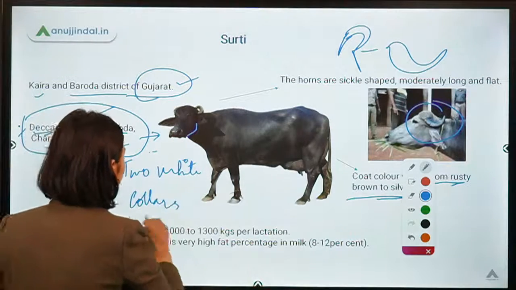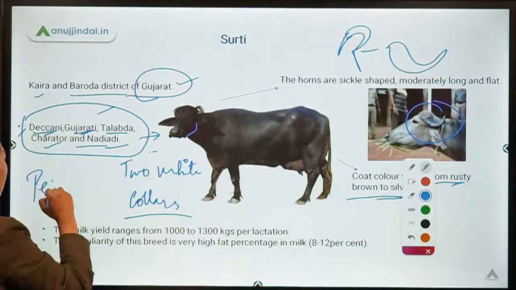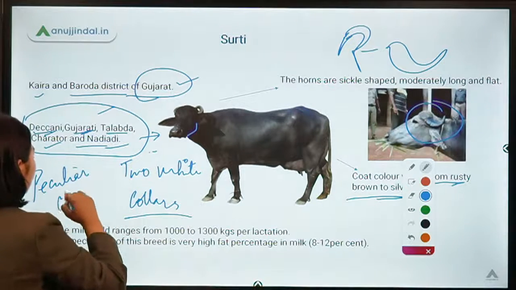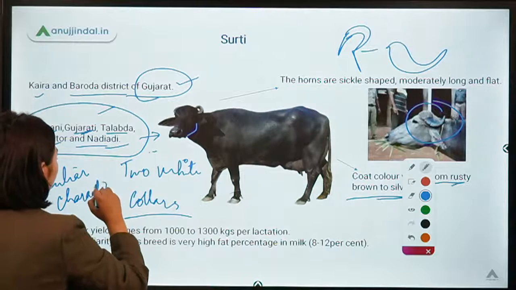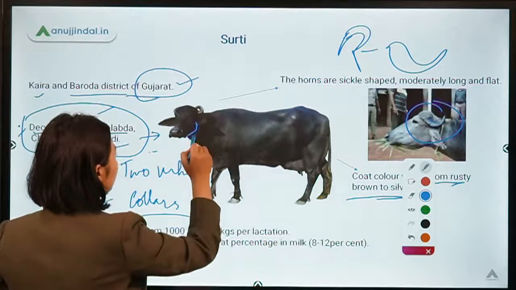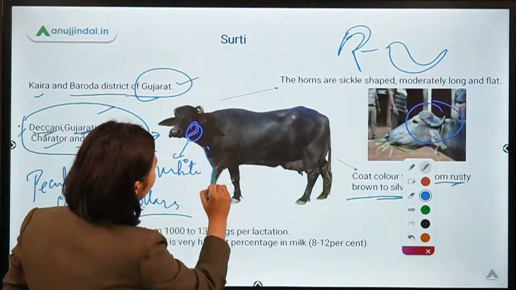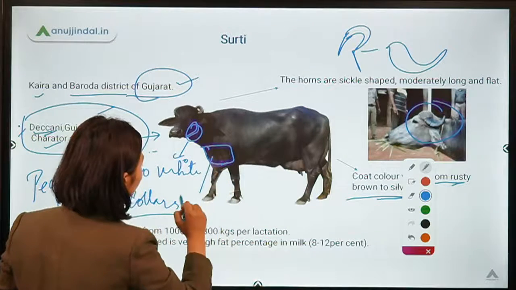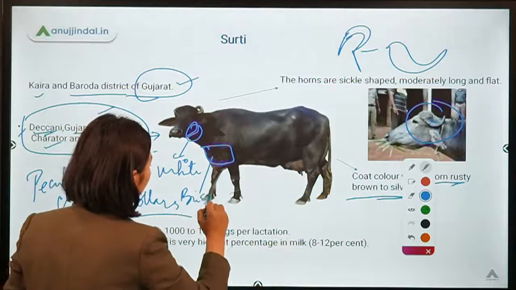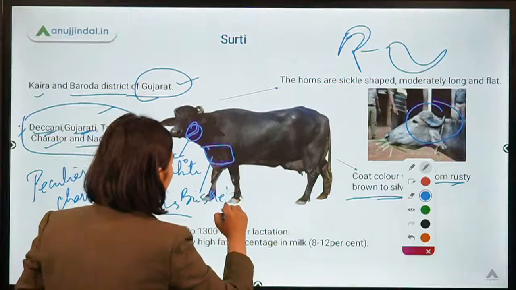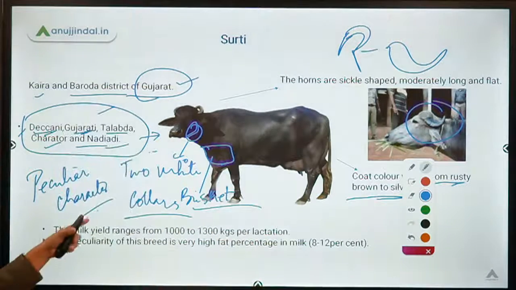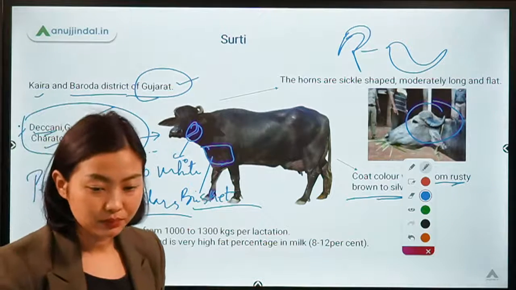This is also a very peculiar characteristic of the Surti buffalo. So this is the jawline, and also this particular area is known as the brisket, B-R-I-S-K-E-T. Here in this particular area we get these.